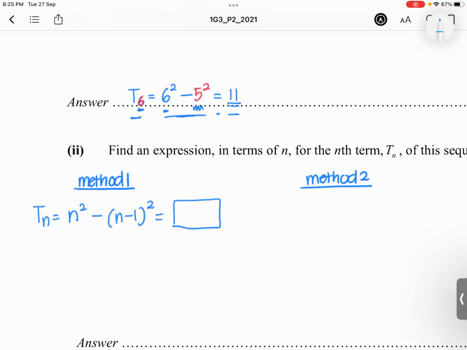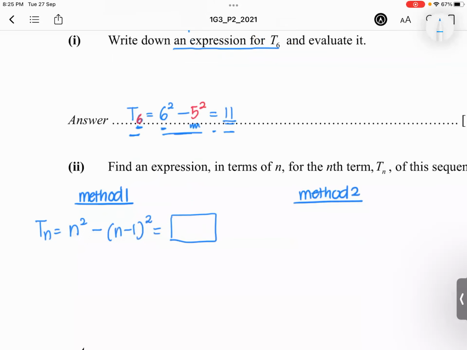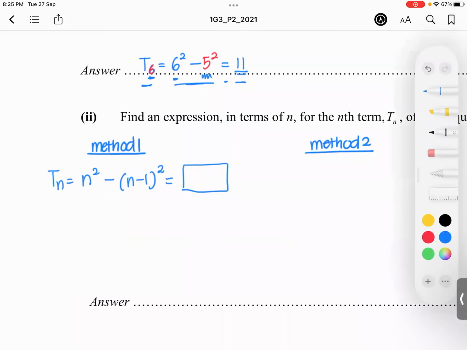So they actually want a second part of this. So there are 2 methods. Method 1, what I can do, I need to do expansion part by part. This expansion is going to be a bit long, let me just go through it. This one will be n squared, but when I have n minus 1 whole thing squared, it means I repeat this bracket 2 times.